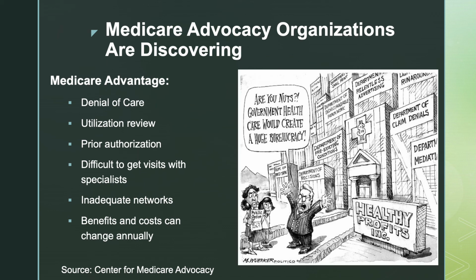They're also finding that the HMOs are narrowing their networks, so finding physicians can be very difficult when an HMO decides to do that. Oftentimes, the benefits and additional benefits that were offered when you enrolled can be removed, and the costs continue to go up annually. So these may be some of the challenges that you face if you enroll in a Medicare Advantage plan, and just be sure you're comfortable with that before you make the decision to enroll.